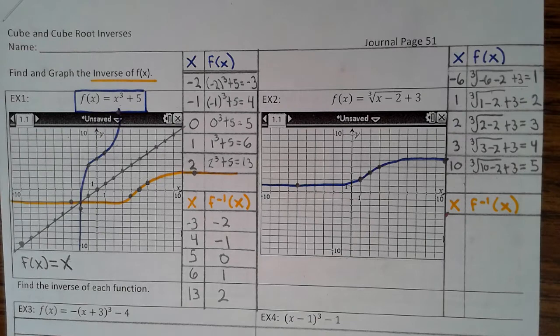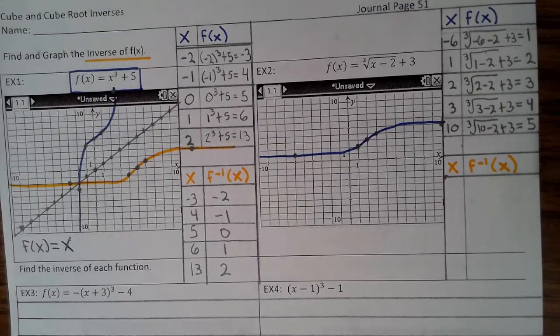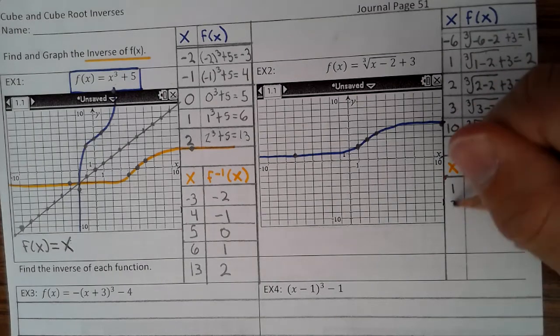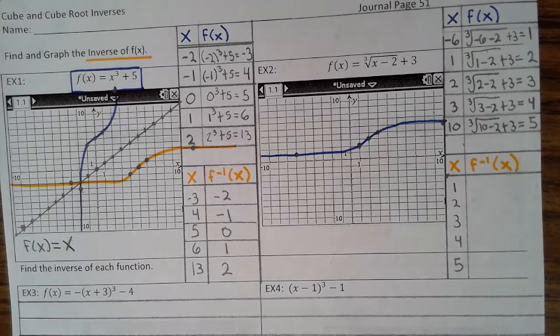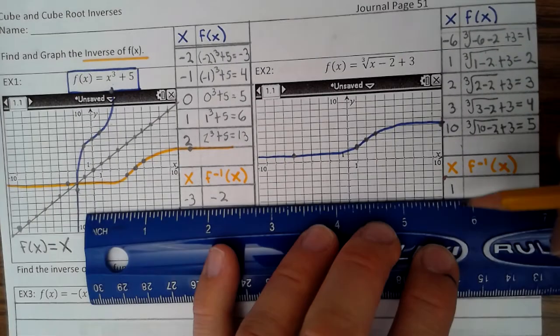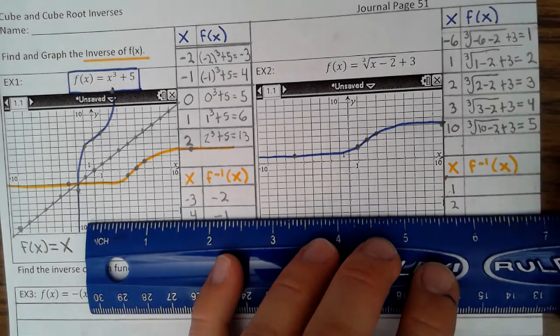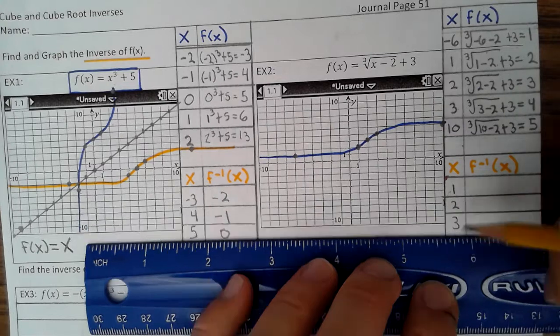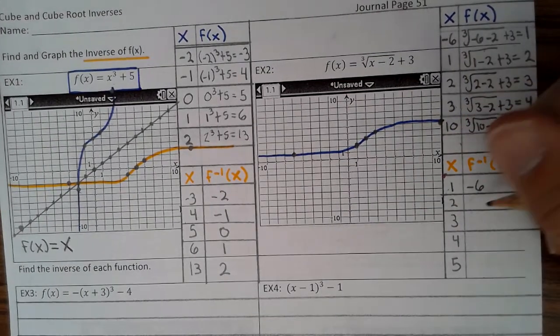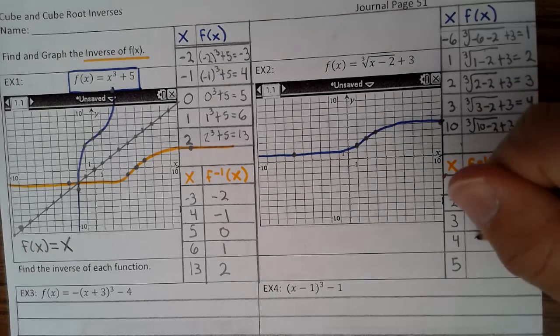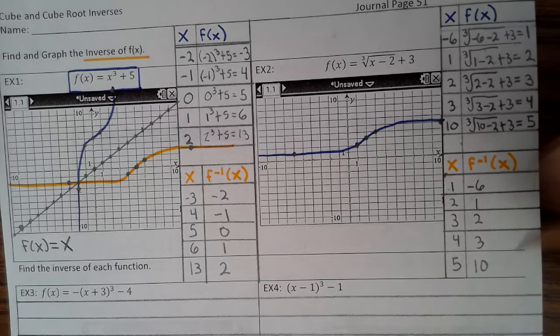Okay, now for the inverse, real simple, we switch the f of x and the x. Let's fix our table. Okay, and then -6, 1, 2, 3, 10.